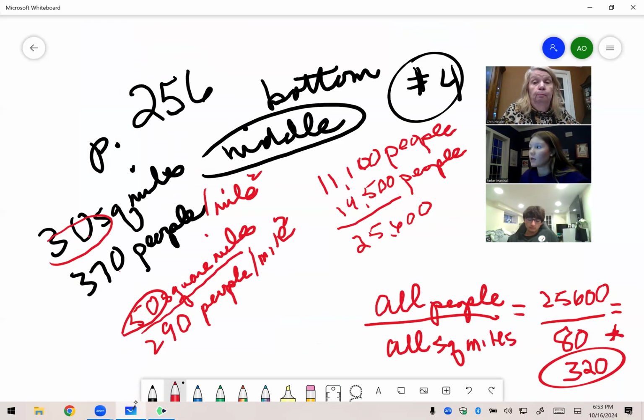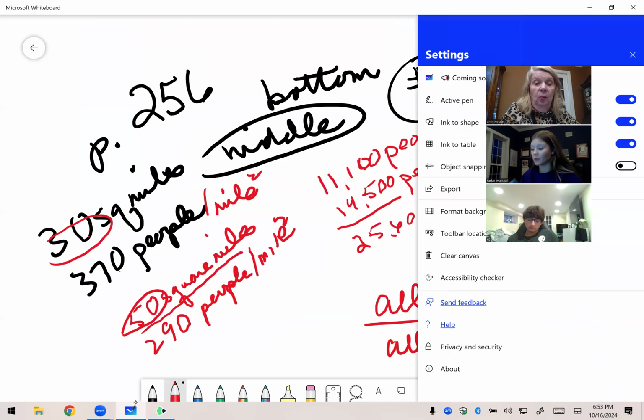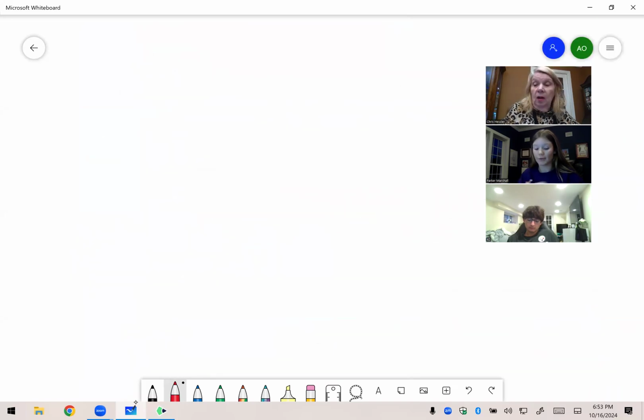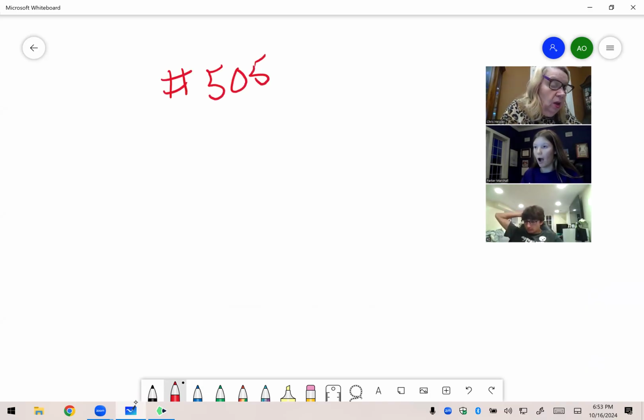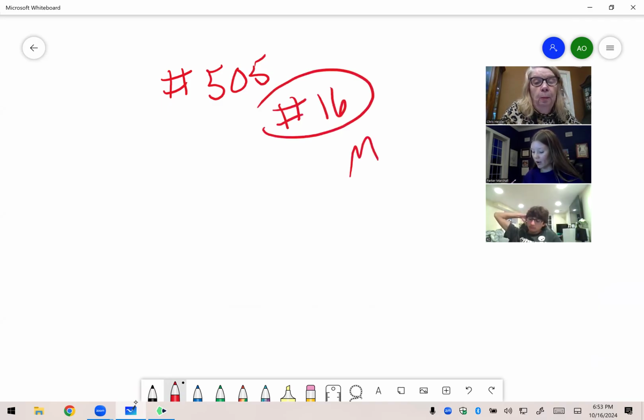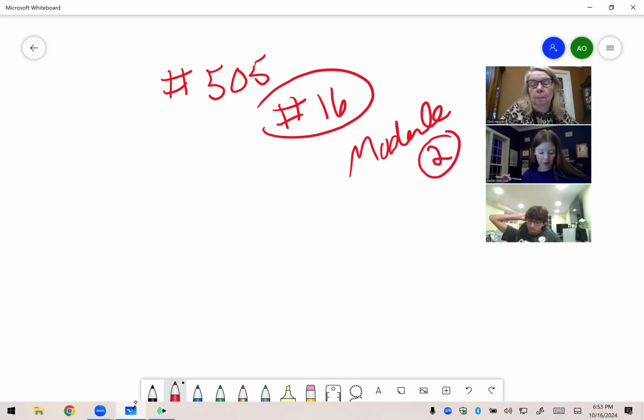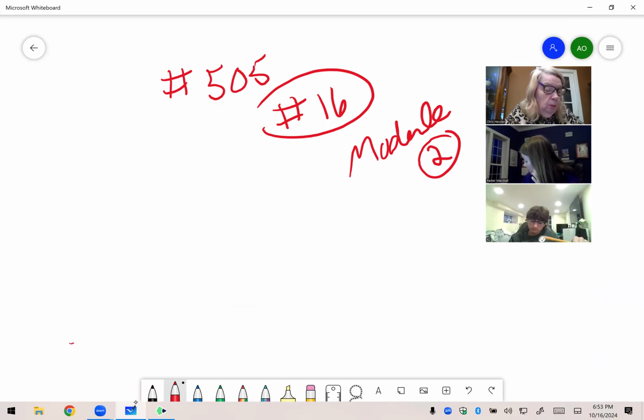Okay, let's go to a book problem. We're going to hit this one more time here. I'm on 505, and we're looking at number 16. This is module 2. Let's read it together.